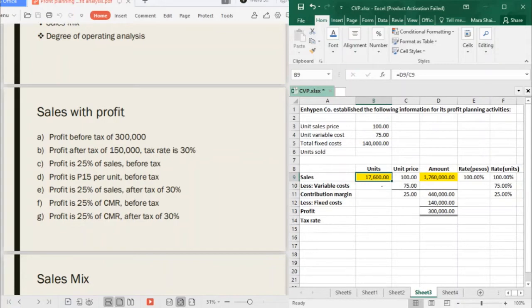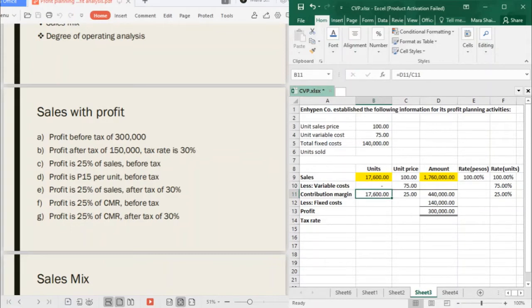Or you can use your unit contribution margin. So, you can just do 440 divided by 25. So, see, you would still arrive at the same amount.